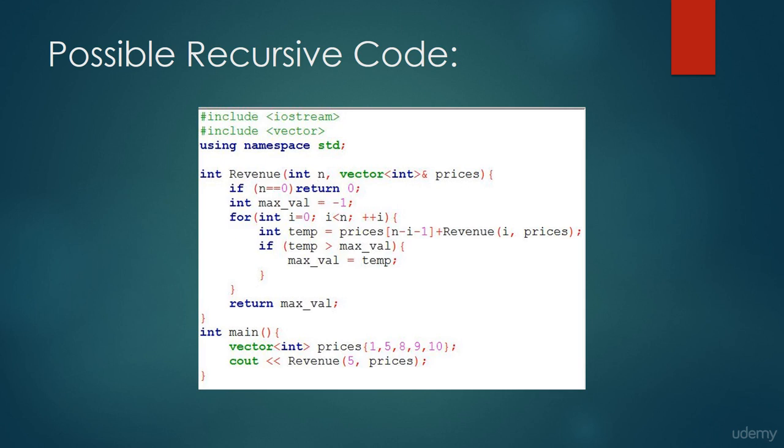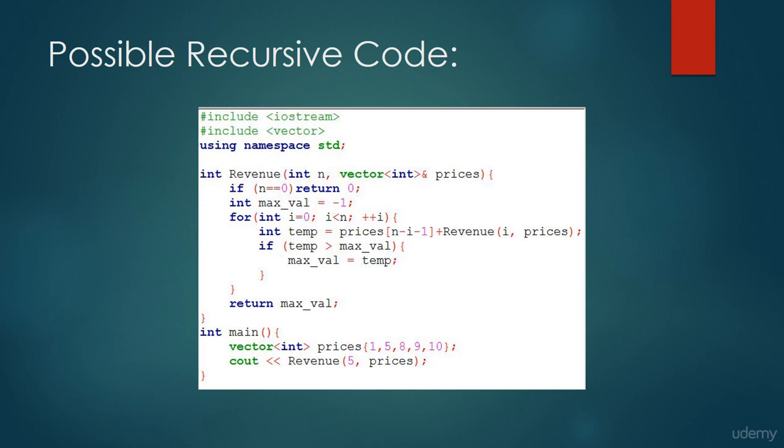Conceptually, the algorithm is finding the maximum of P0 plus Rn, or P1 plus Rn minus 1, and so on. But for C++ syntax's sake, we're taking care of the indices here. So this loop basically finds the maximum value in all the elements that we previously mentioned.